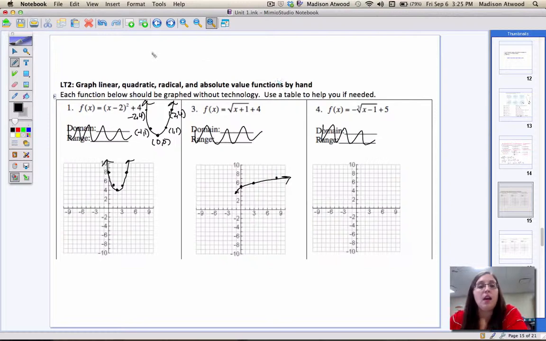And lastly, on this one, we've got the cube root function, which I'm not sure that we graphed a parent function for. But the cube root, oh no, we did. We graphed a cube root. That's going to be at 0, 0, and then it's going to go 1, 1, and the next one would be, I'm trying to think here, would it be 8? 8 over 8 and up 2.